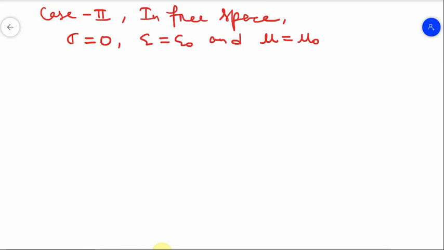So in this case, if we put these values in the expressions for alpha and beta that we derived for the lossy dielectric condition, what will happen?